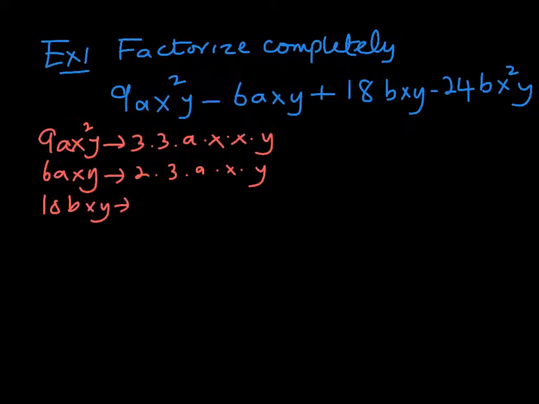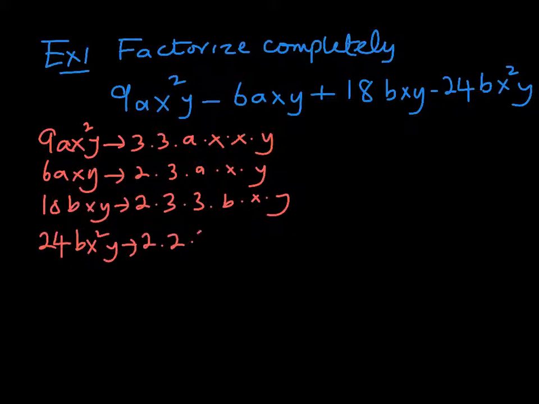Well, here is 2 times 9, that is 2 times 3 times 3 times b times x times y. And what about 24bx squared y? So 24bx squared y is 4 times 6 is 24, so that's 2 times 2 times 2 times 3, or 8 times 3, okay, times b times x times x times y.